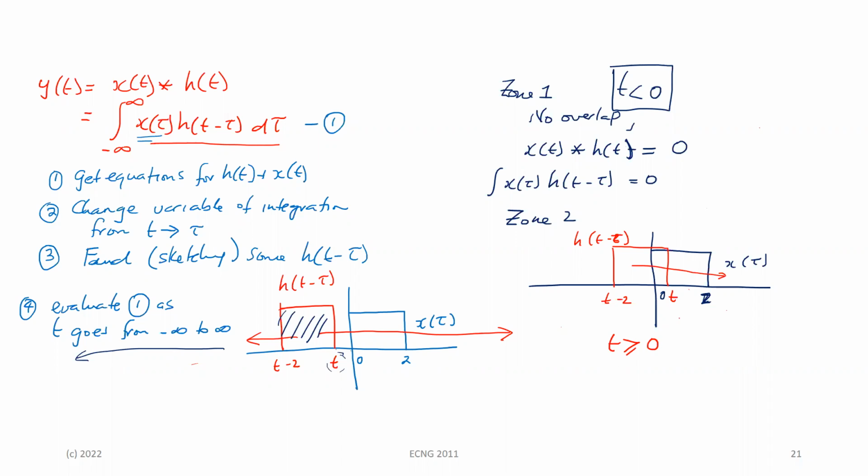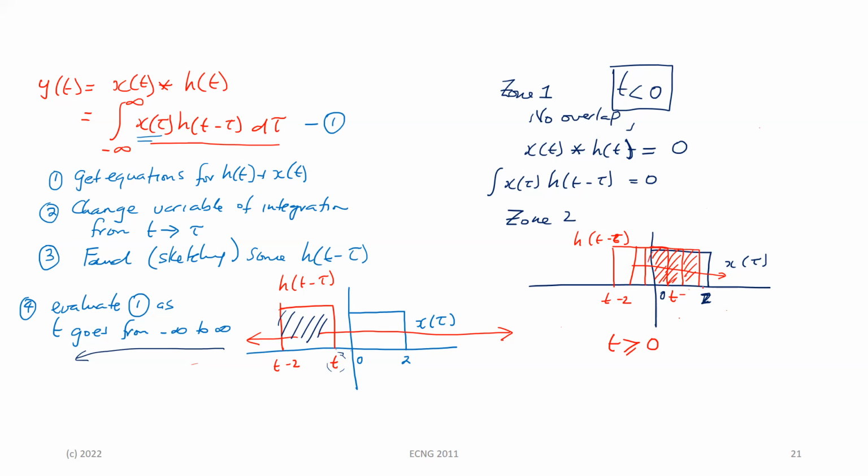So once t was less than 0, nothing. As soon as t becomes greater than or equal to 0, we start to get an overlap zone. And as h of t minus tau goes this way, the overlap zone gets bigger as t goes this way, and the back is following.